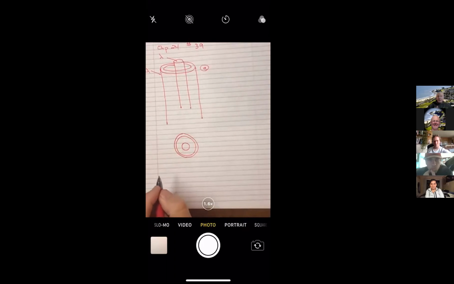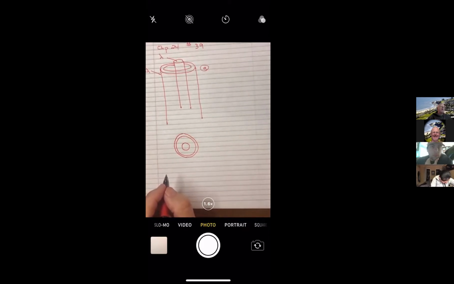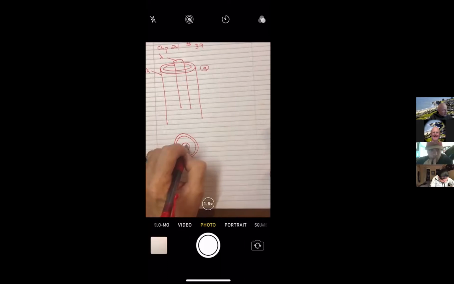But what's absolutely important in this problem is the fact that they said it was a hollow metal cylinder. So we know that the field inside the metal is 0. This is why that's important right here. So this wire on the inside, I'll put a bunch of pluses.